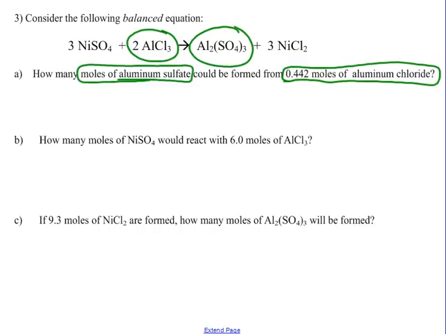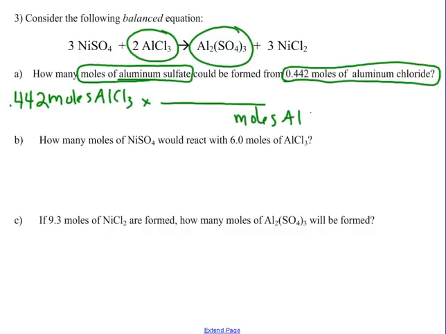So to do this problem, you start with the number you're given, 0.442 moles of AlCl3. Your conversion fraction should put moles of AlCl3 in the denominator and moles of Al2(SO4)3 in the numerator.